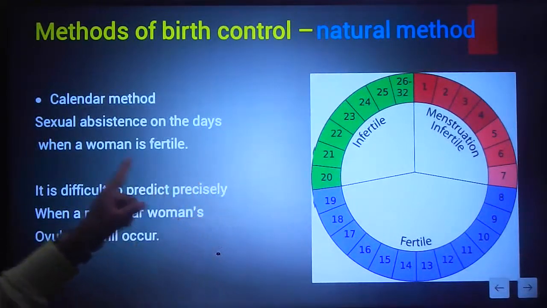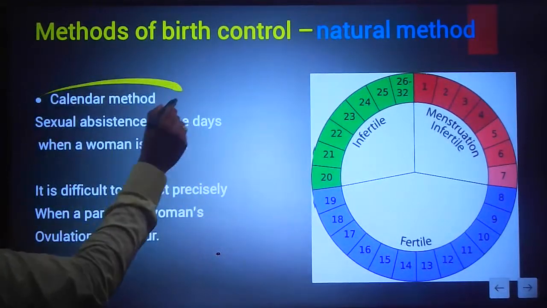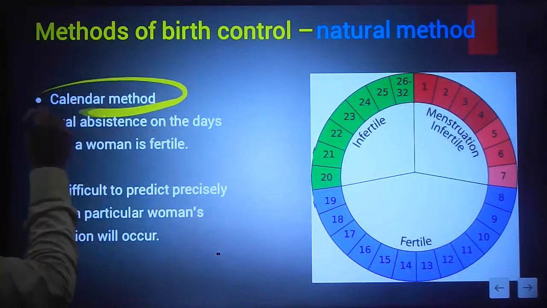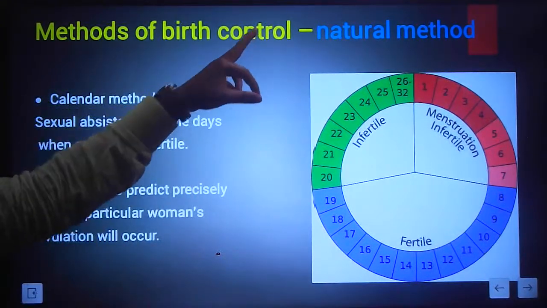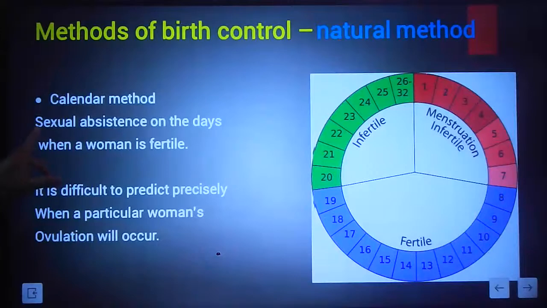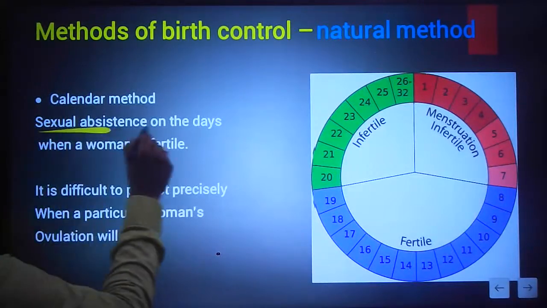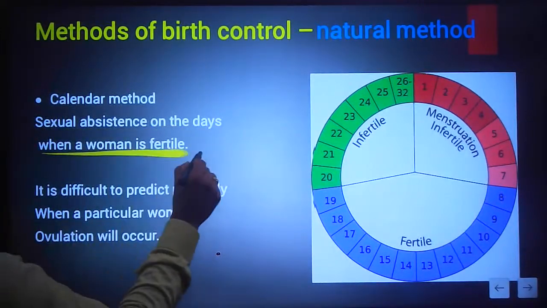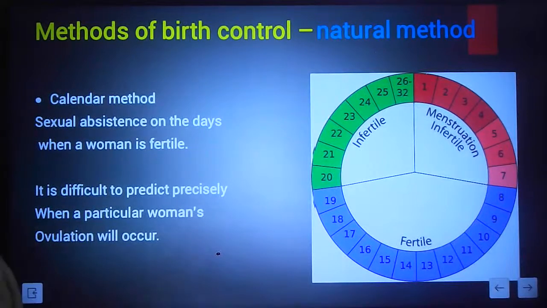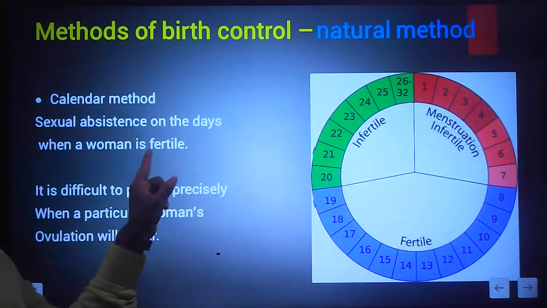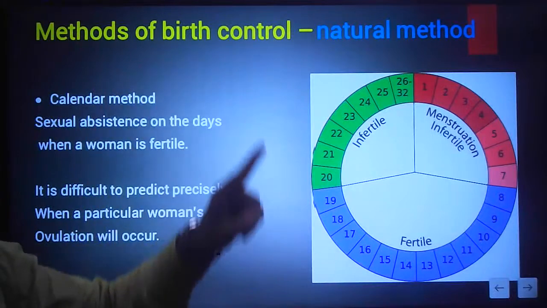So I want to tell you the first technique. This is called the calendar method. What is the first technique? I'm talking about the natural method, the calendar method. In the calendar method there is sexual abstinence on the days when the woman is fertile, and she must be cautious, especially around the menstrual cycle.